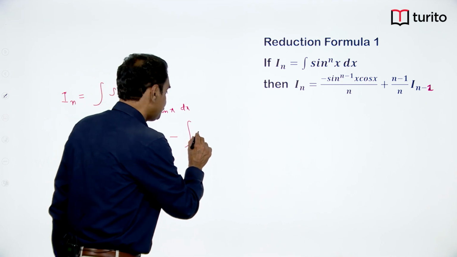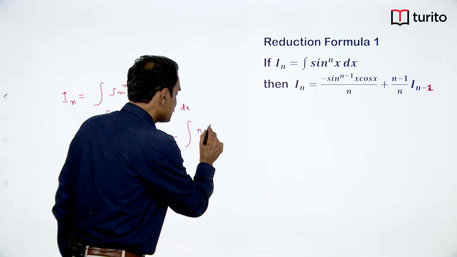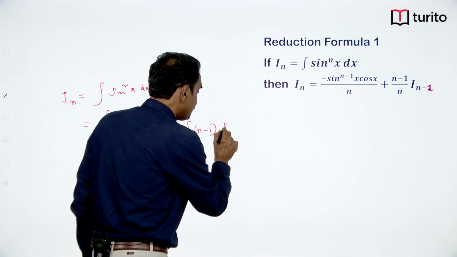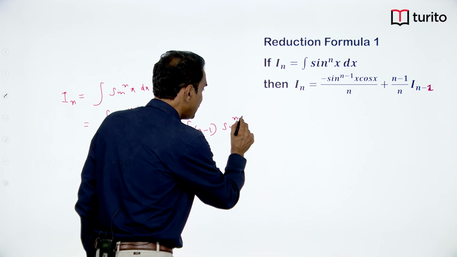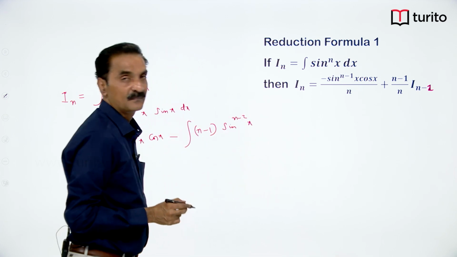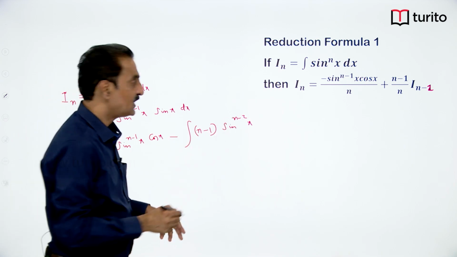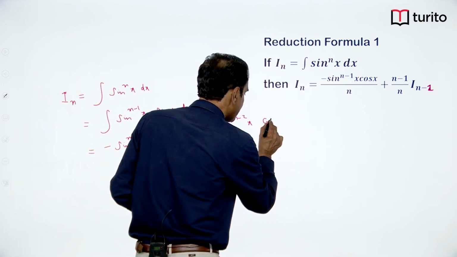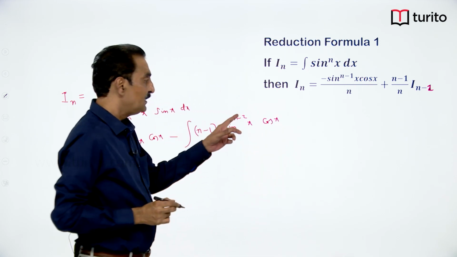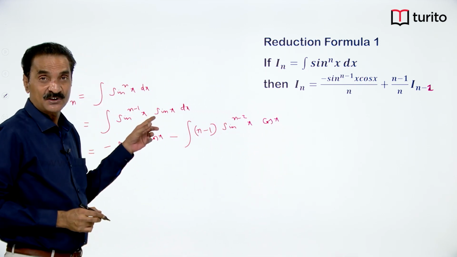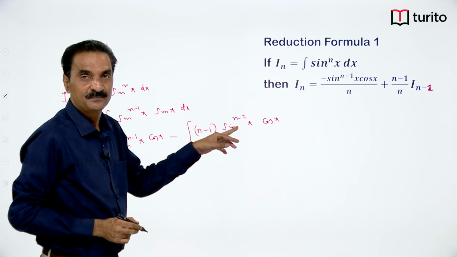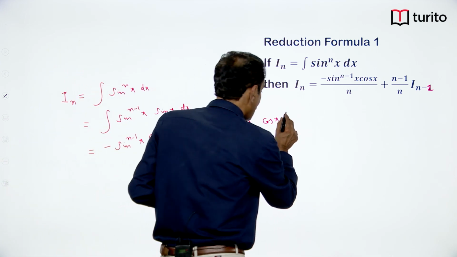It is n minus 1 into sin power n minus 2 x into the derivative of sin x, cos x, into the integral of the second function, that is minus cos x.